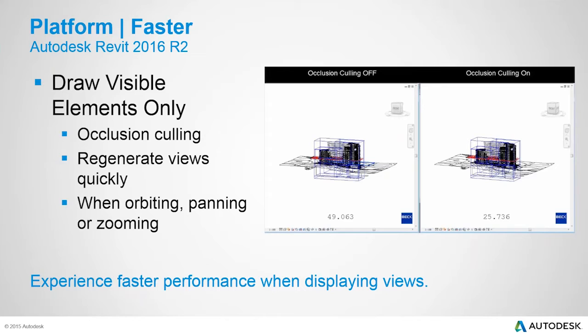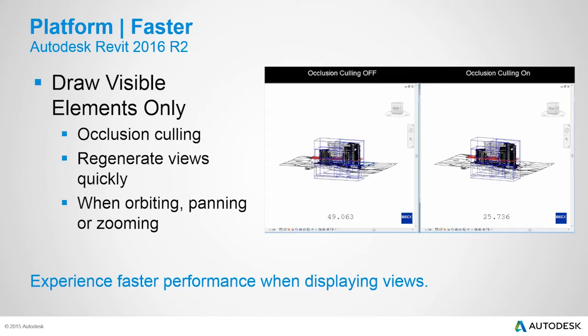With the Draw Visible Elements Only option activated, which is the default, Revit does not draw elements that are hidden, just to re-emphasize that. If you can't see it, Revit doesn't draw it. And this results in it being nearly twice as fast on certain models as standard Revit 2016, especially for files and views in which regeneration of a significant amount of content has been suppressed.